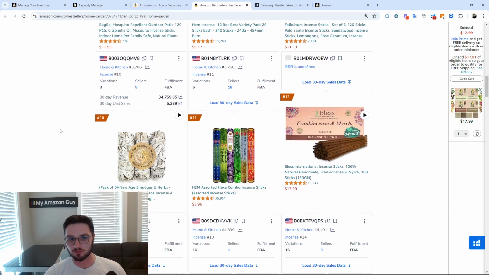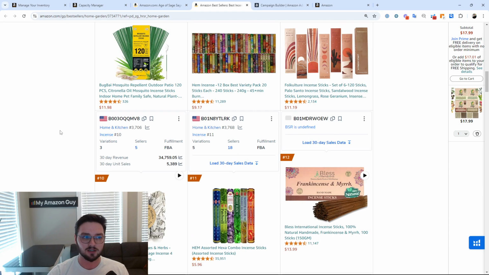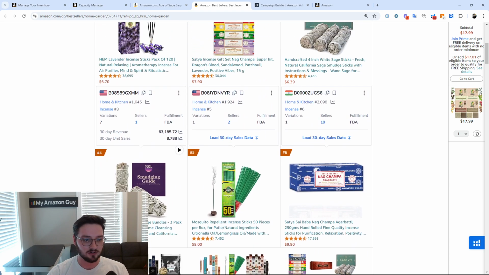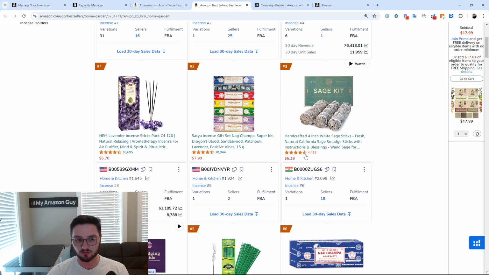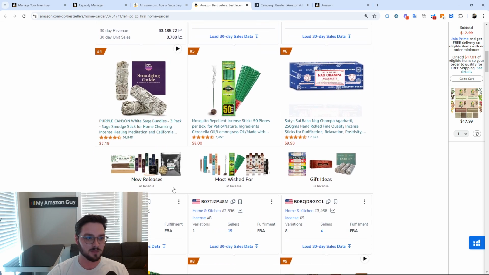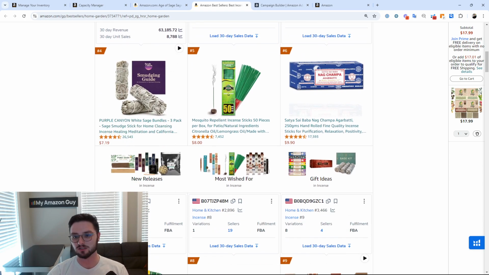The top sellers typically are going to be much lower priced or somewhere in the medium ground of pricing comparatively to you. Now, don't expect to be taking an immediate chunk of sales from any of these people. Again, you can see here, for instance, how many reviews they have. This one has 4,400. This one right here has 26,000. So don't expect to take an immediate chunk of the pie from these people.